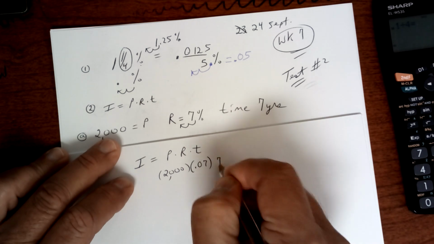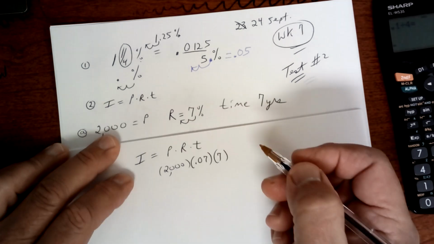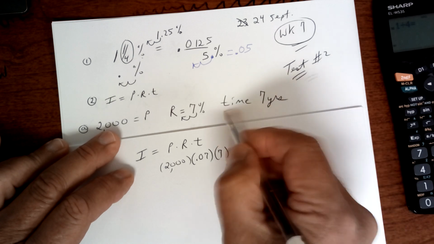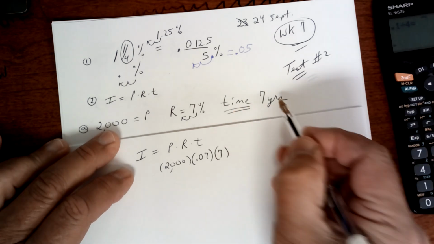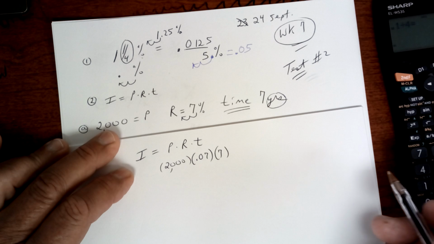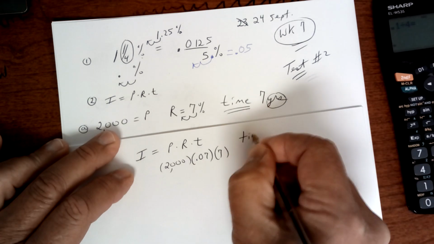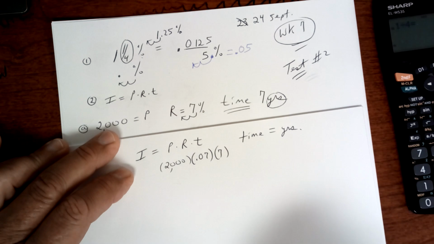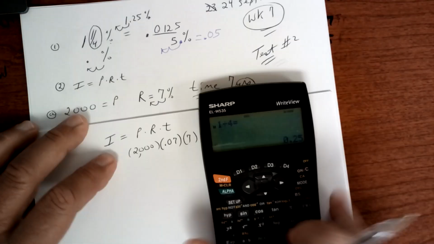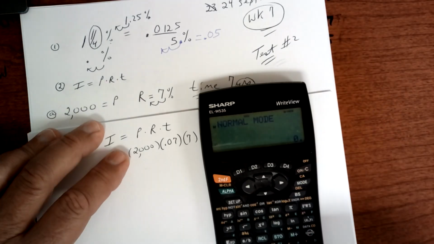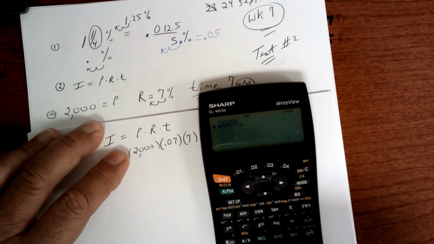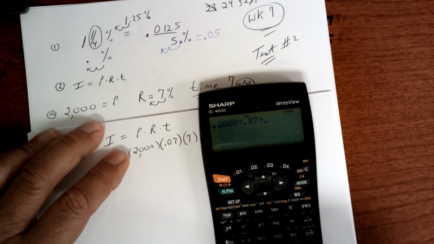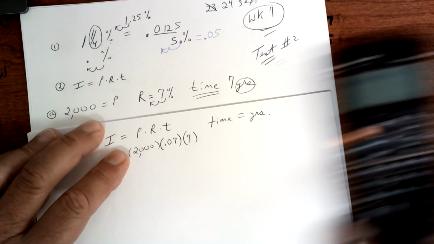Now, one thing I didn't tell you, and I'm going to tell you now, is time is always expressed in years. Write that down. Time has to equal years. Okay? So get your calculator. 2,000 times 0.07 times 7 years. So simple interest is $980.